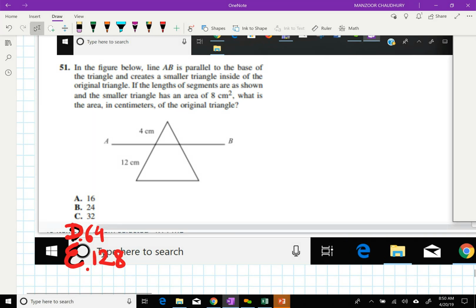Okay, so the smaller one, area equals 1/2 times base times height.